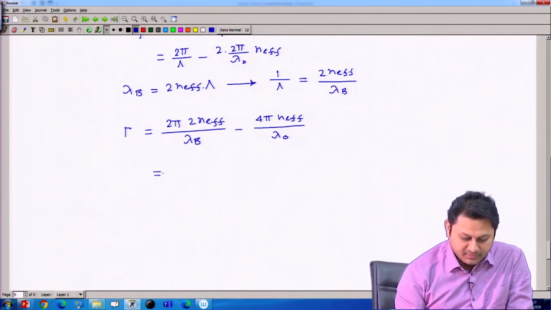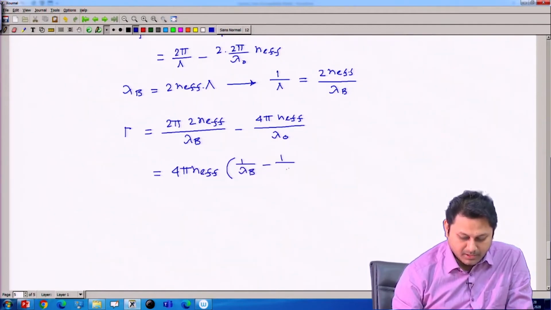So eventually this value is 4 pi n effective times 1 by lambda b minus 1 by lambda 0.